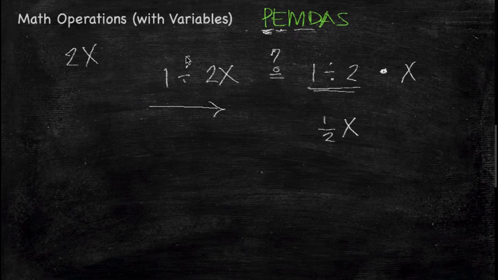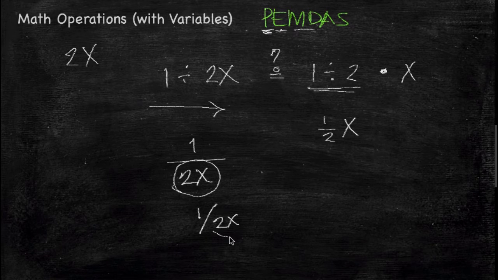When we write it this way, 1 divided by 2x, what we would normally mean is 1 over 2x. So, we would always say, tong dalawang to ay magkapares, no? At hindi sila ihiwalay para maging ganito, no?